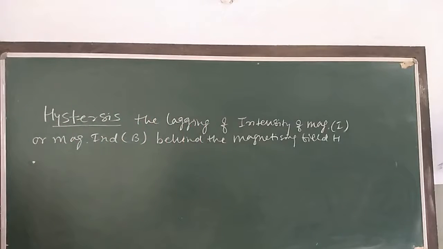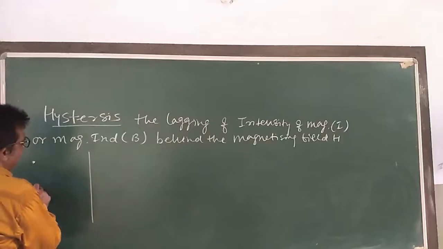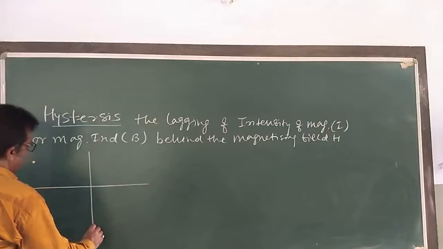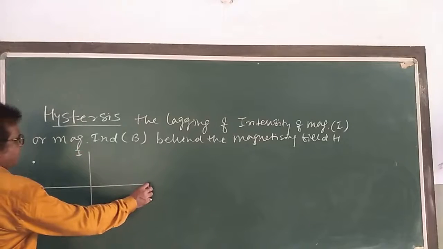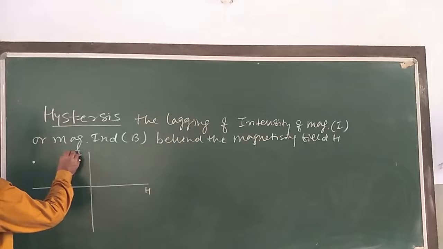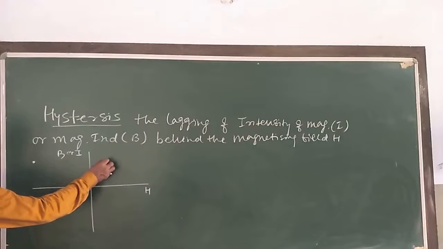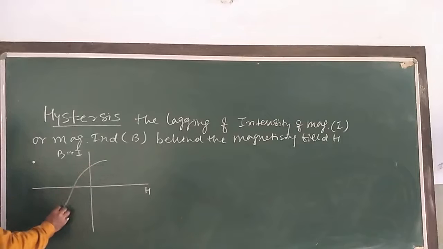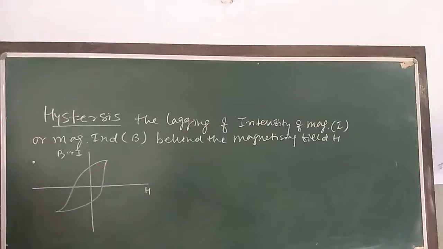So we are going to draw a graph here between I or B and H. Here you can see the graph is either of intensity of magnetization I or magnetic induction B versus magnetizing field H. The graph is something like this. I am going to explain here.